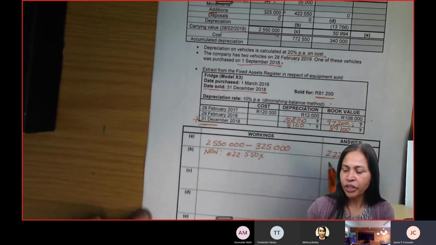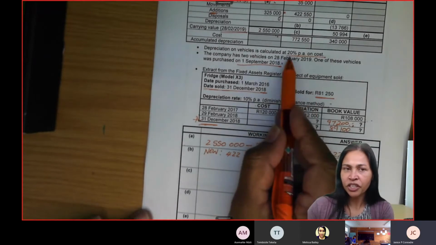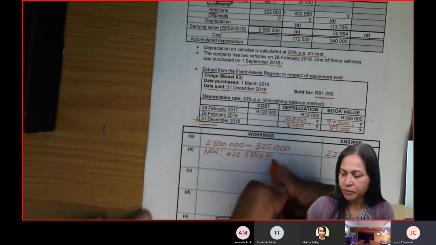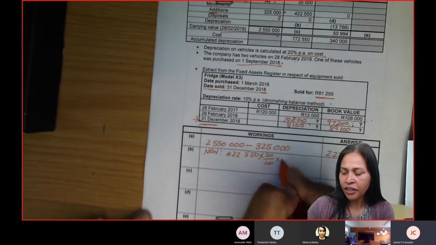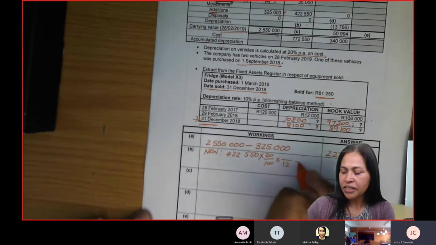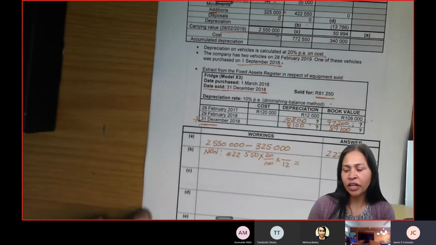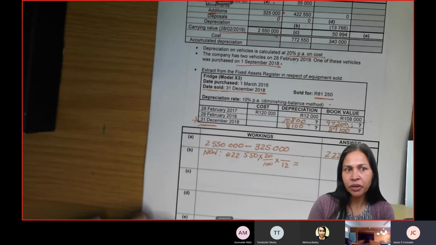I think we all agree, we know the method, the percentage is 20, that's my rate. And all I need you to give me is how many months I'm going to calculate this. So it's from September, 1st of September, up until the 28th of Feb.